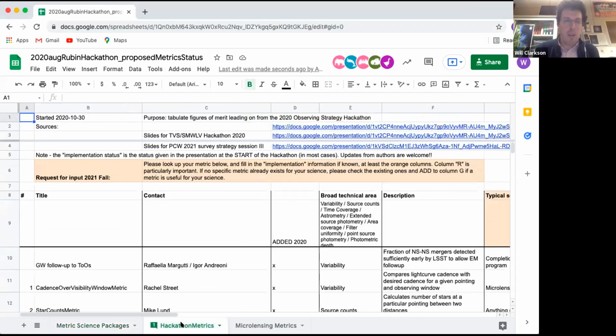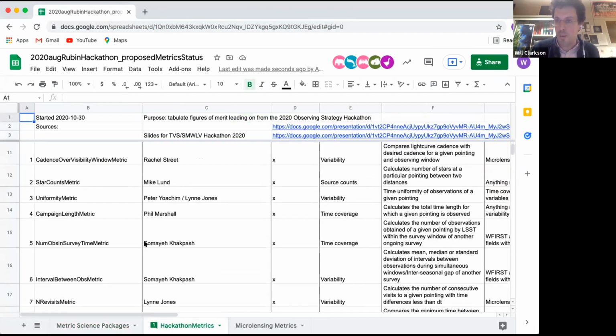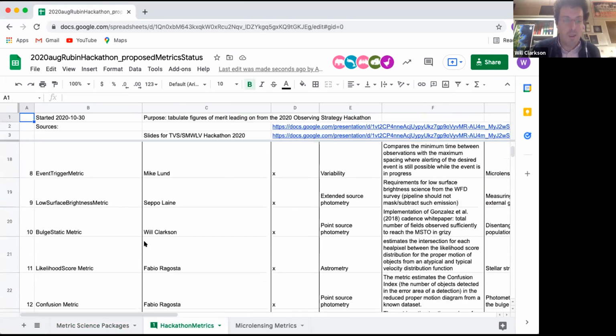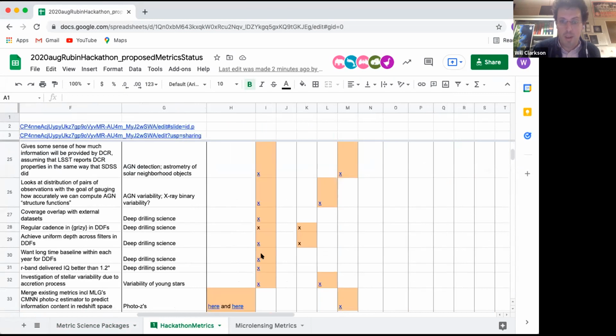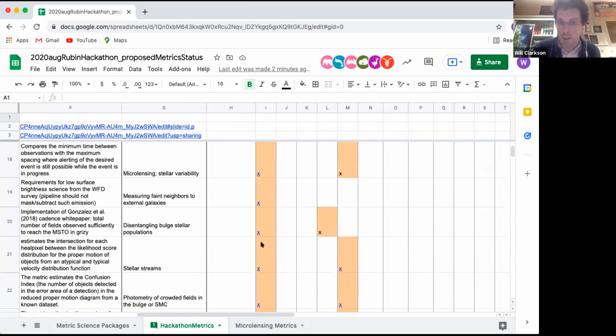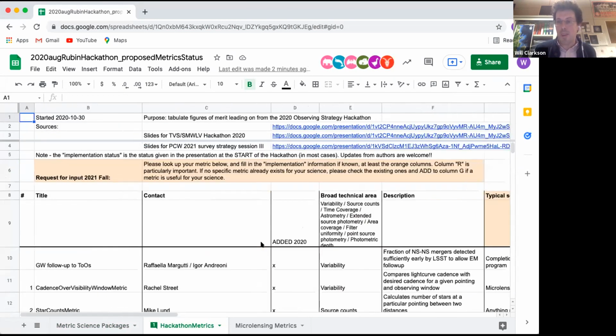Yeah, so there's a main tab here that I won't spend much time on, except to point out that it shows this enormous amount of effort that the community has been doing to produce these metrics, along with indications of status for the individual metrics. Given that we're working to a December timescale to get these metrics done, that's a little bit overwhelming.